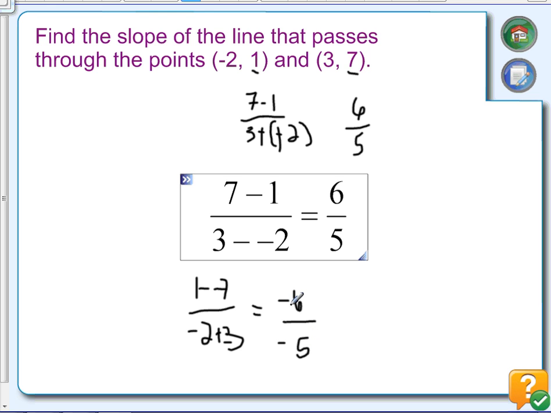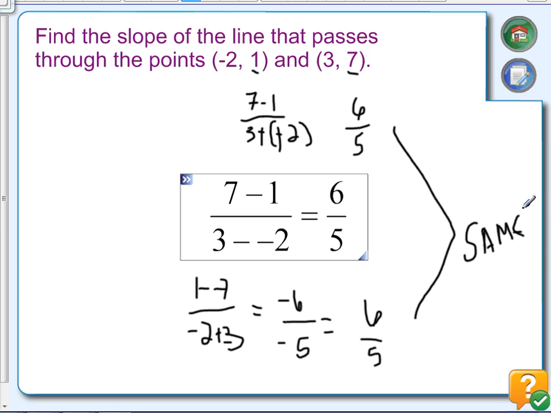With a negative over a negative, it will be a positive 6/5. So you can notice that these two are the same. As long as you're consistent, it truly doesn't matter which one you start with.